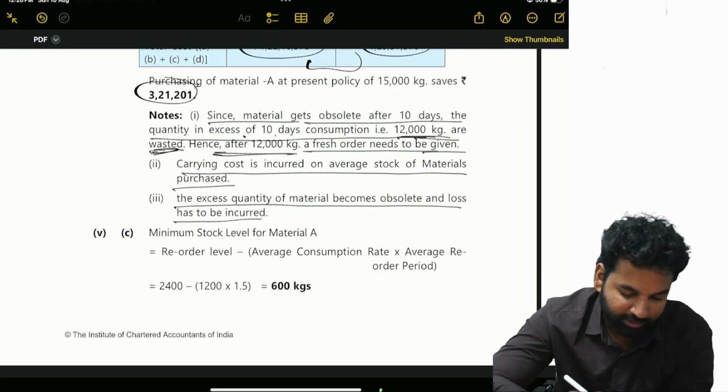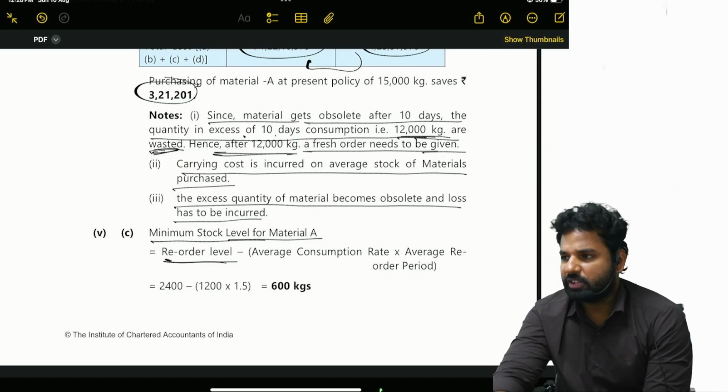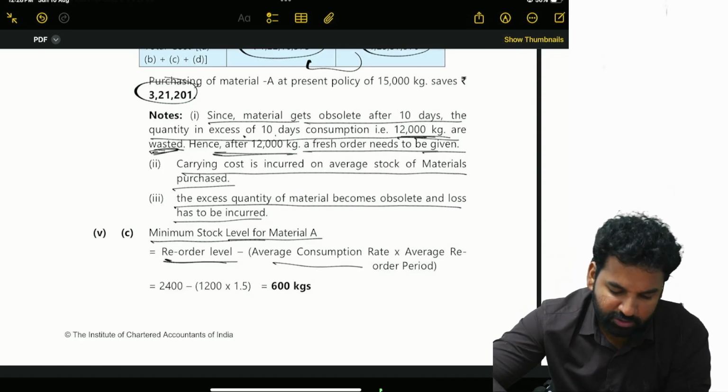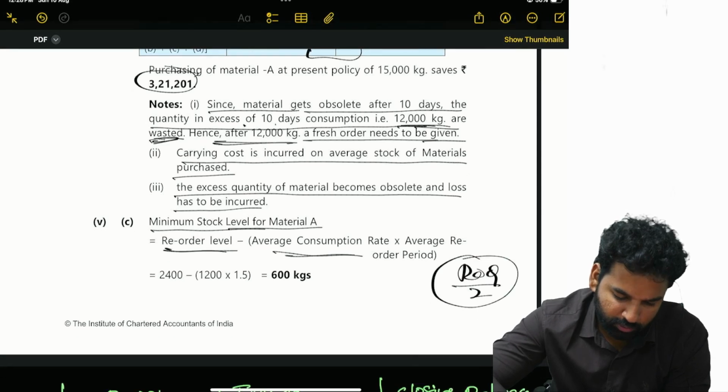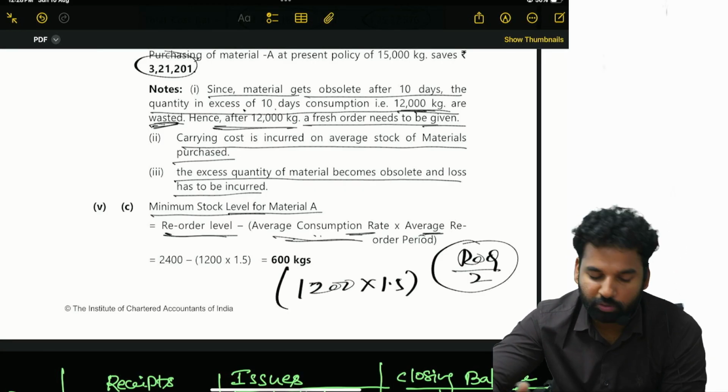That is it. Next, minimum stock level of A is equal to reorder level minus average consumption. Average consumption is ROQ by 2, or you can take average consumption into average lead time. So what is average consumption? 1200 per day into lead time of 1.5, that is 1 to 2 days, so 1.5.